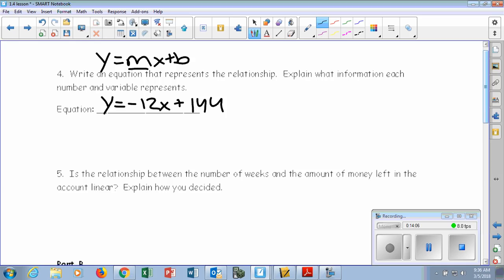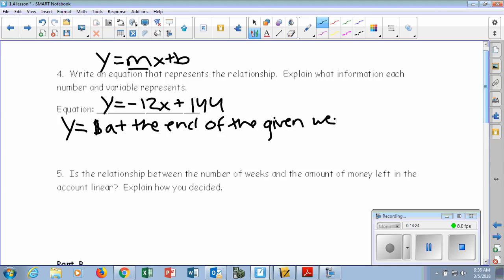Okay, so now let's piece together what everything means. I'll give you the y equals the number at the end of the given week. What does my, Robert, negative 12 represent?